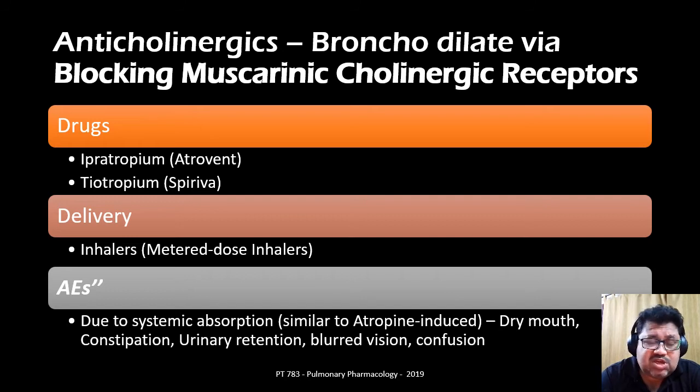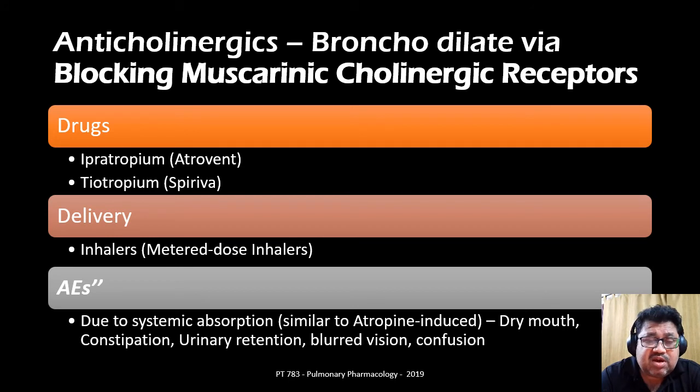That means each time the inhaler is depressed, it leads to the release of a very specific amount of drug per depression. The adverse effect of anticholinergic drugs is seen due to systemic absorption, similar to atropine-induced symptoms.